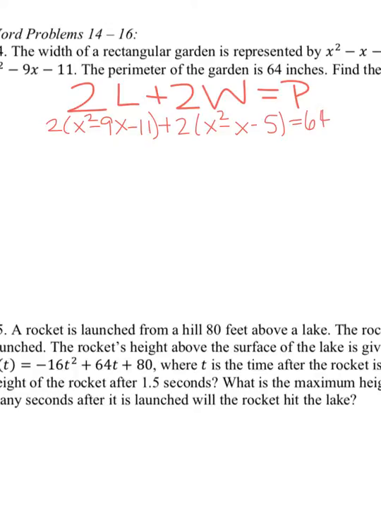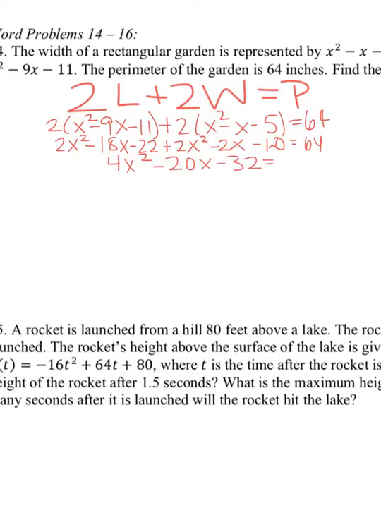Ladies and gentlemen, this is just another quadratic equation. So I'm going to distribute the 2. So 2x squared minus 18x minus 22 plus 2x squared minus 2x minus 10 equals 64. I'm going to combine like terms on the left side. So that gives me 4x squared minus 20x minus 32 equals 64.